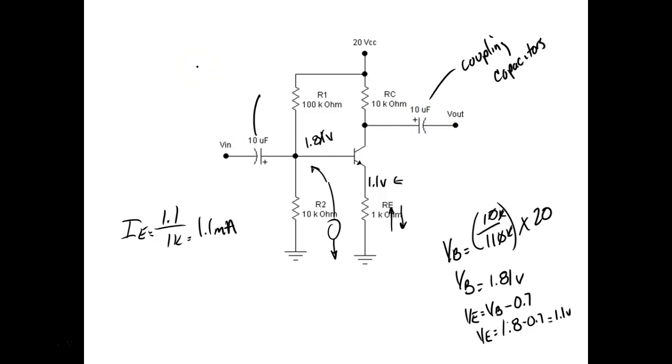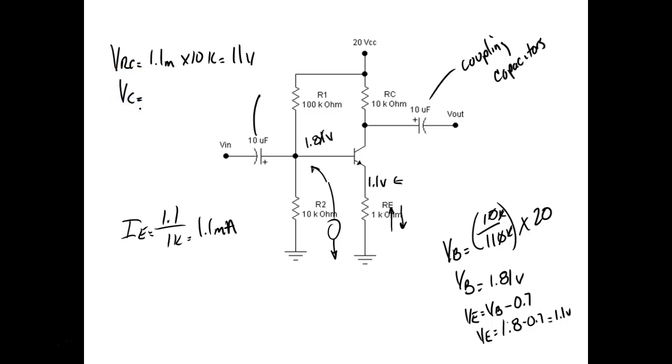So I take that and I come up here and I run this through RC. So VRC would be equal to 1.1 milliamp times 10K, which would give us 11 volts, right? Okay. So VC, what would VC be equal to?